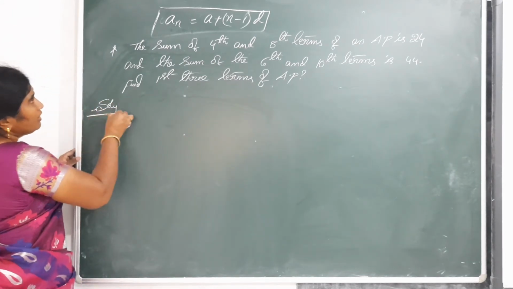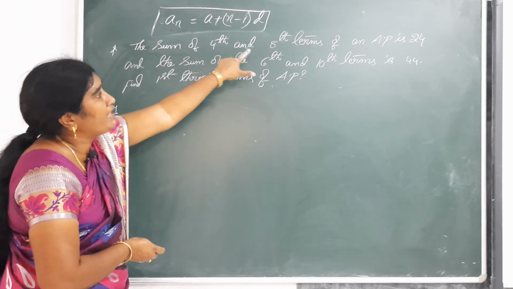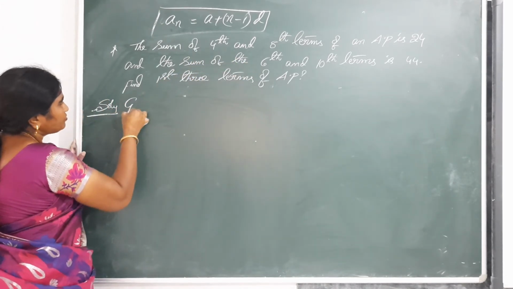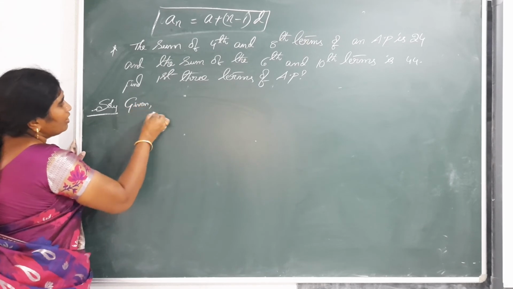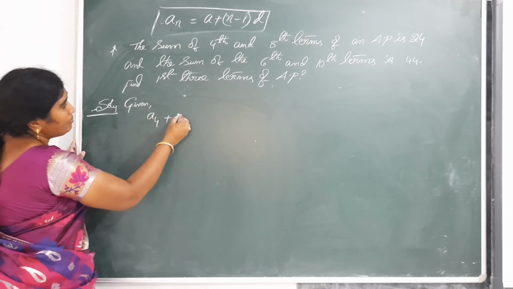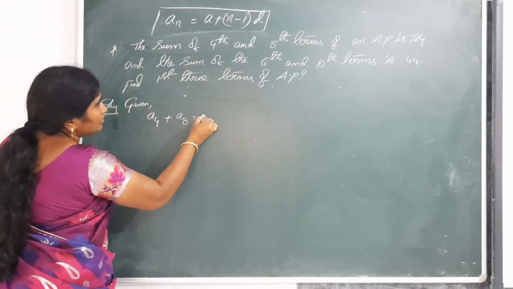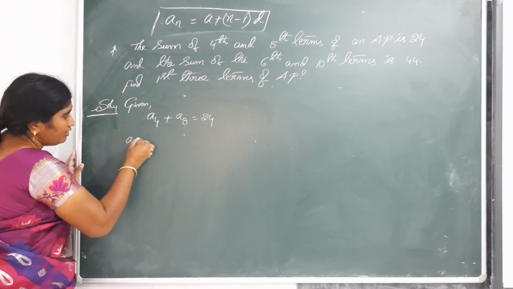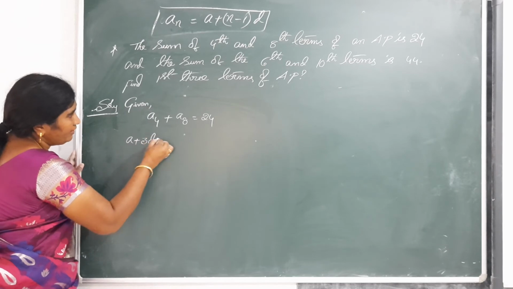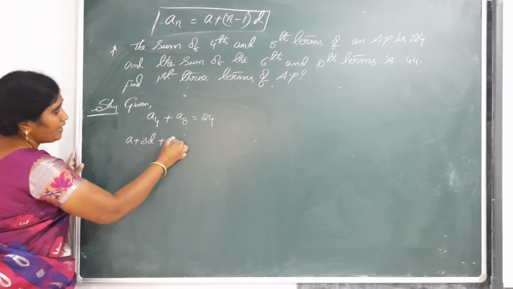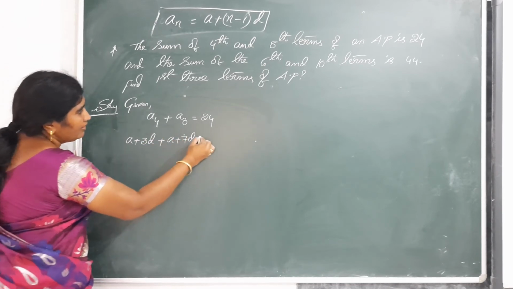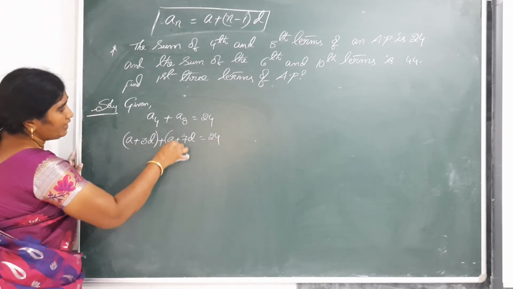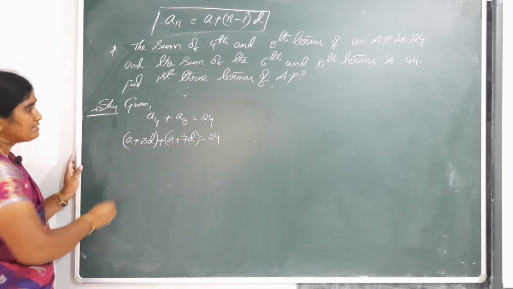Solution: given the sum of the 4th and 8th terms, A4 plus A8 equal to 24. We know the formula A4 equal to A plus 3D, A8 equal to A plus 7D.